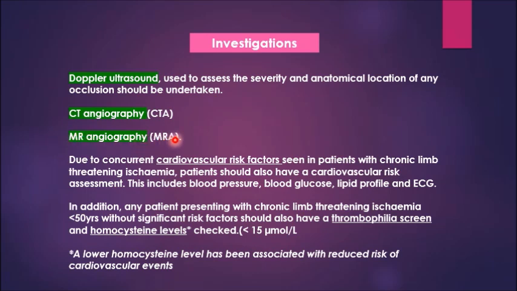Now, due to the concurrent cardiovascular risk factors seen in patients with chronic limb ischemia or chronic limb threatening ischemia, patients should also have a cardiovascular risk assessment. These include blood pressure, blood glucose, lipid profile, and ECG. A full cardiovascular assessment of the patient should also be done. In addition, any patient presenting with chronic limb threatening ischemia who is less than 50 years of age without significant risk factors should also have a thrombophilia screening and homocysteine levels checked.